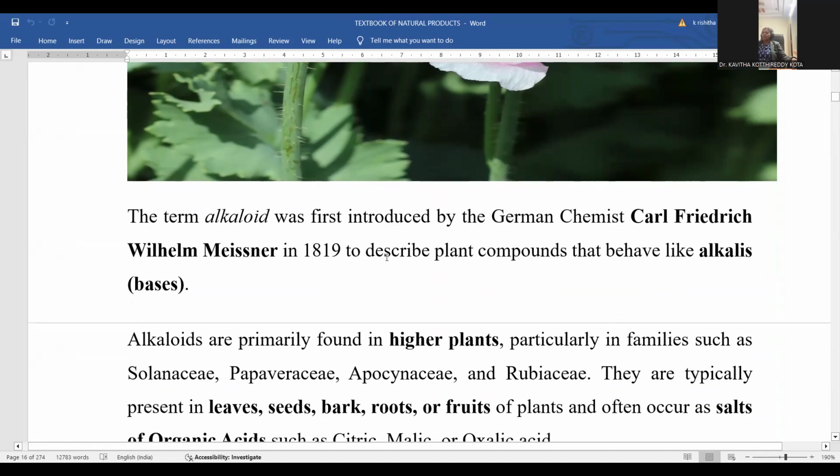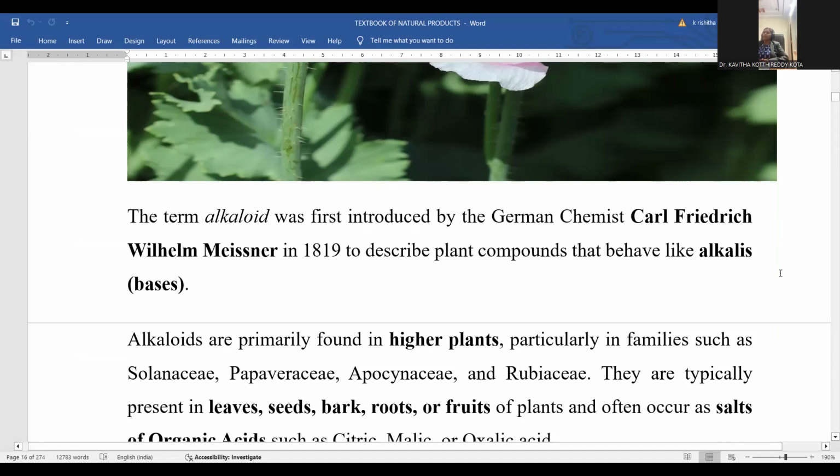And why are they called alkaloids? Because they work like alkalis, because of the existence of nitrogen, which carries a lone pair of electrons, so it always has a tendency to release the electron. That is the cause for Lewis basic nature.